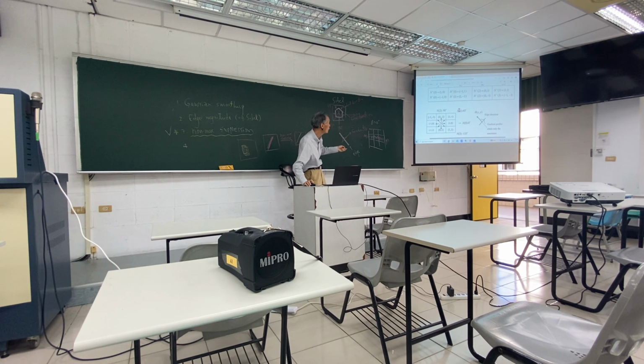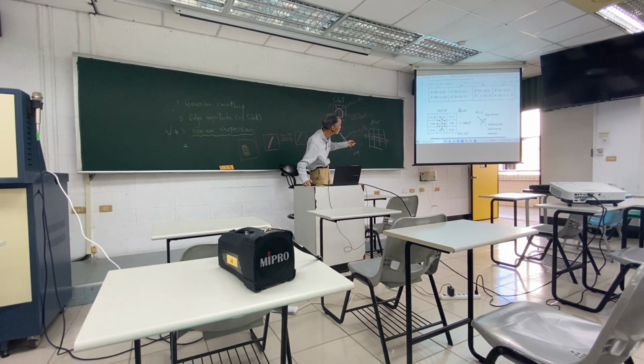But I just put it as 0, 1, 2, and 3, as the pointer. So it's 0 degree. Its two neighbors are defined by these two coordinates. And it's 45 degree. Then its two neighbors will be along the diagonal. So you can see something here.